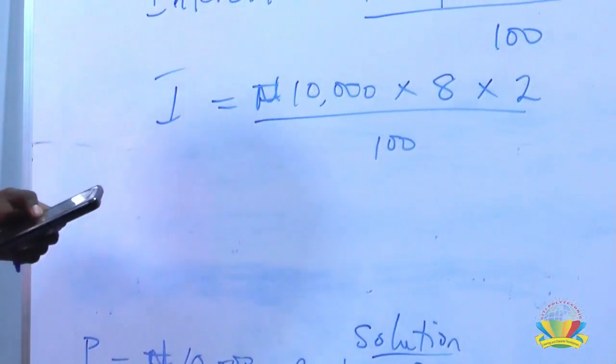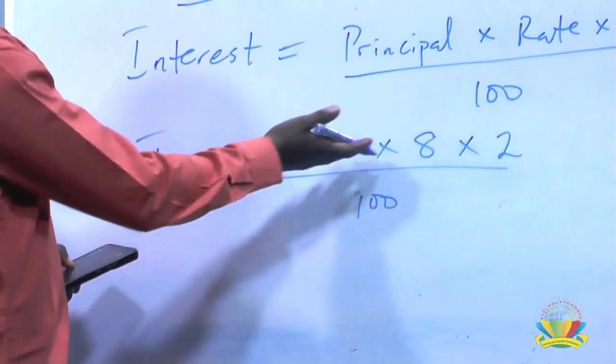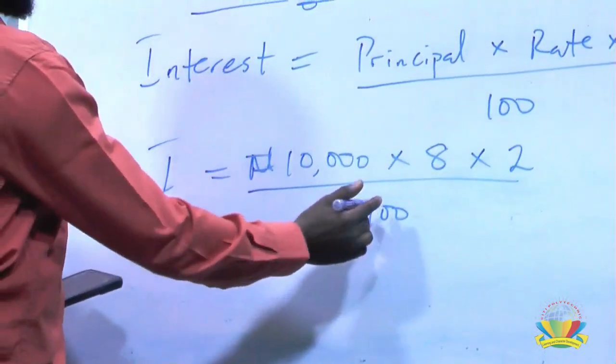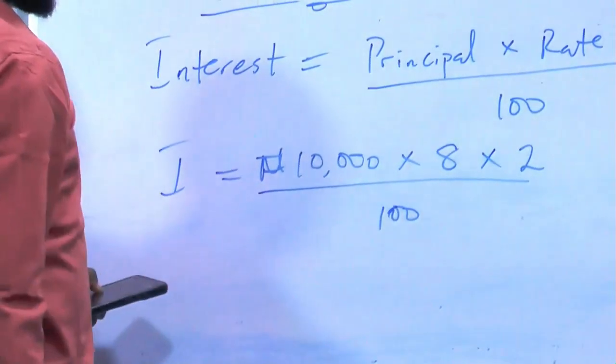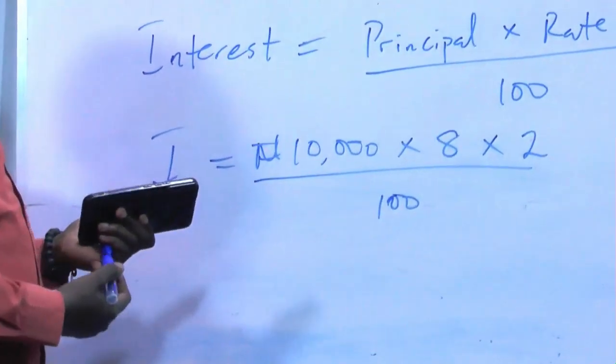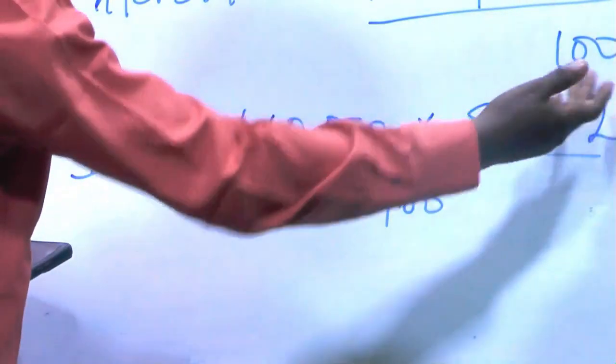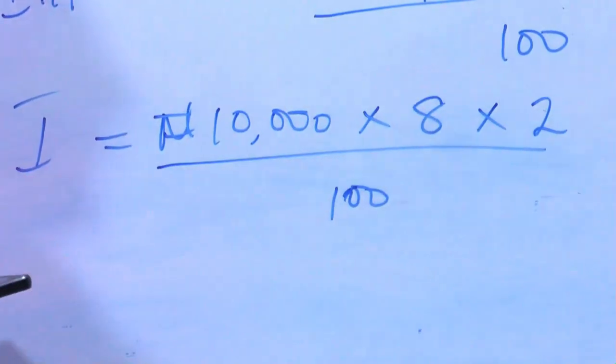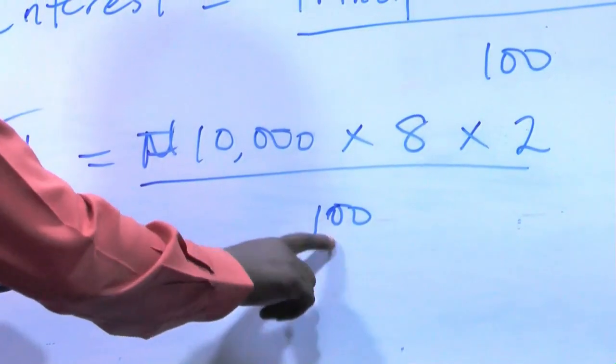Now breaking it down, you can see we have zeros in the numerator, then we have 100 in the denominator. In our numerator we have 10,000 times 8 times 2. Don't forget it's 10,000 naira. Now in the denominator we have 100.